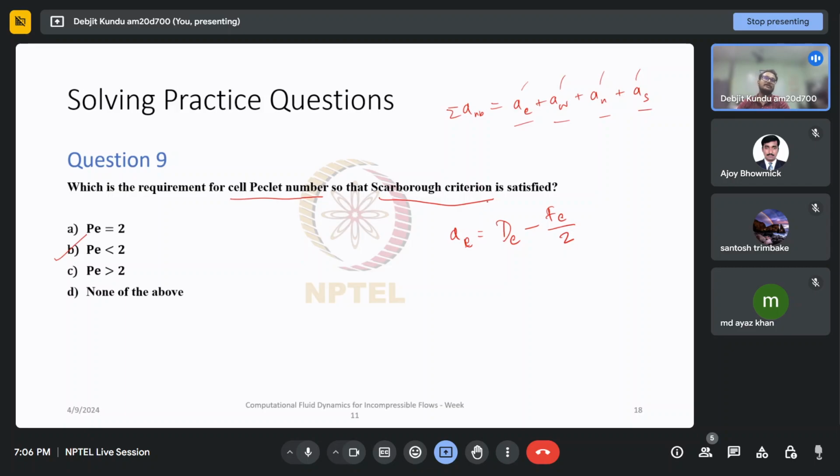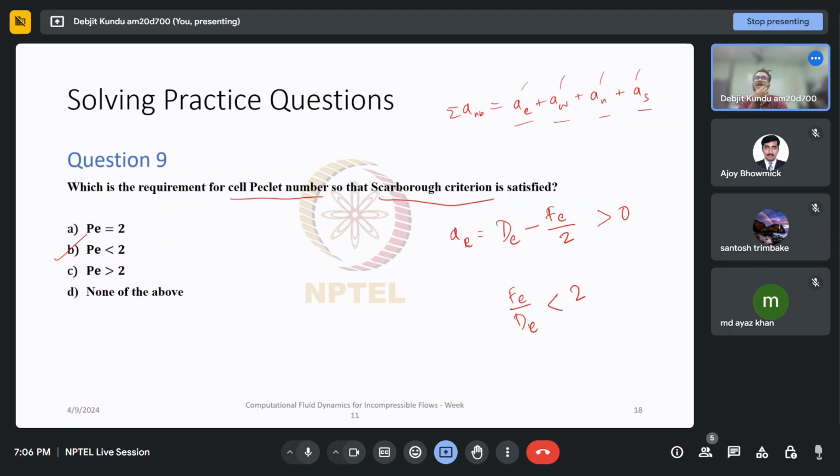So my idea is that each of them has to be positive. So for that, this has to be greater than 0. Then if I manipulate this, I'm left with Fe by dE less than 2.